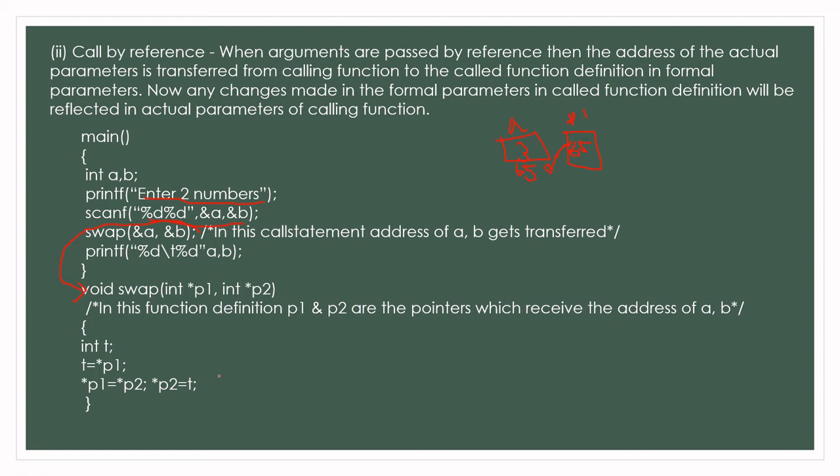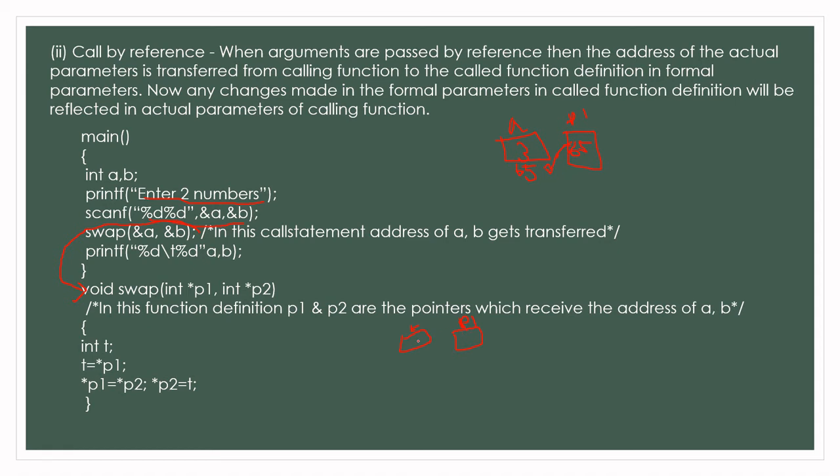So the changes made here get reflected over here too. So the swapping function, this is a way. This is a temporary memory location, and this is p1. In the sense, star p1 has the value 3.